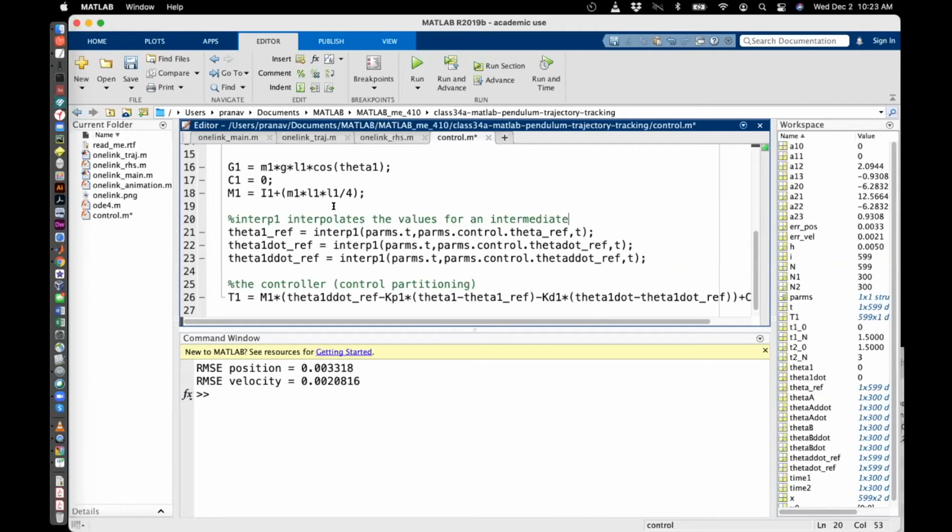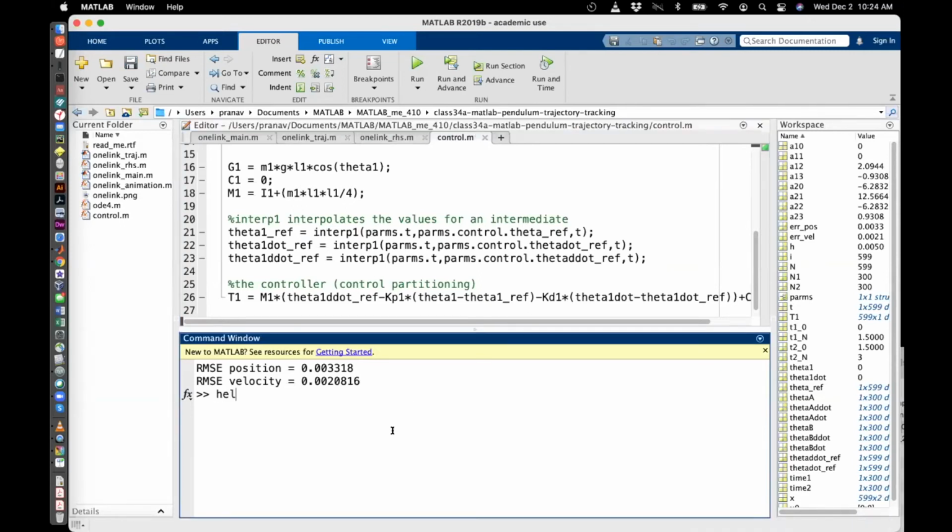I only have 0 and 0.1. So what interp will do is it will find the value at 0.05 by interpolating between 0 and 0.1 using some method. One of the simplest methods is to assume there is a straight line between 0 and 0.1 and use that to interpolate for 0.05. But there are other ways to do it, which interp will tell you.